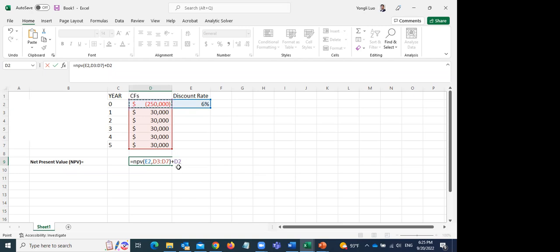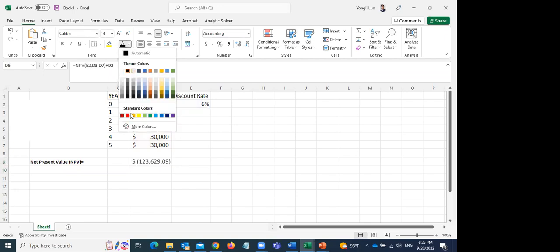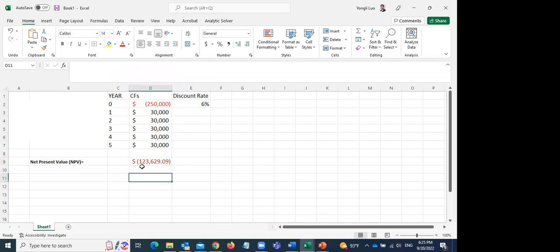When you get it and press enter, you can see the result. When the net present value is negative, in Excel it appears in parentheses, and I usually highlight it in red. That means the net present value is negative.